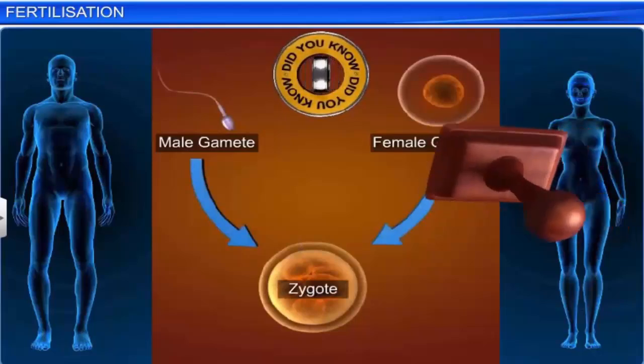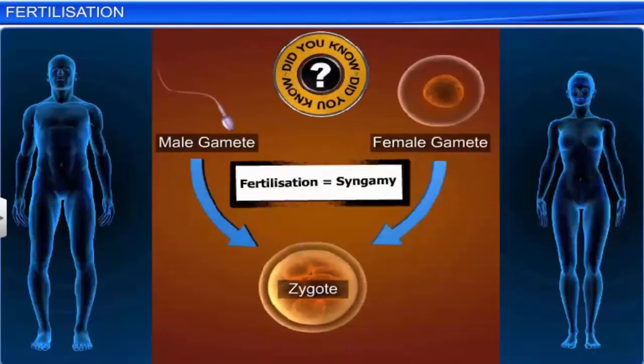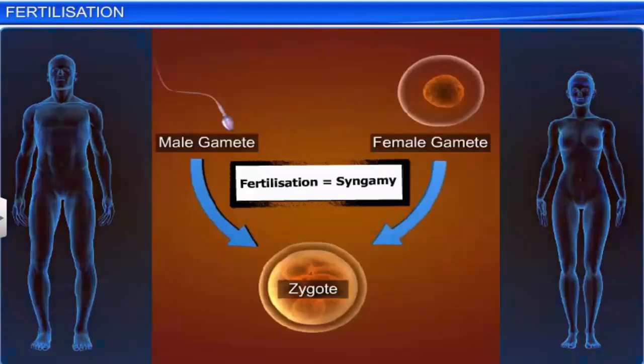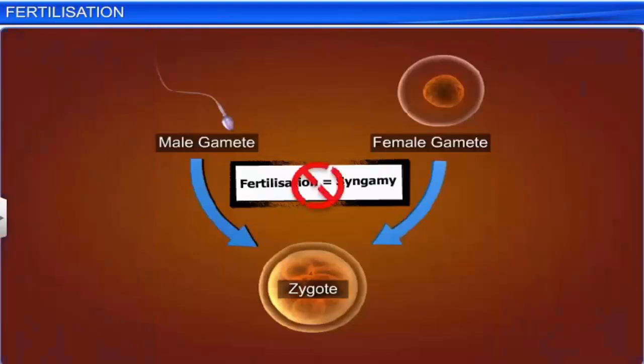Did you know that syngamy is the other word used to describe the process of fusion of gametes or fertilization? Interestingly, fertilization does not occur in every sexually reproducing organism.